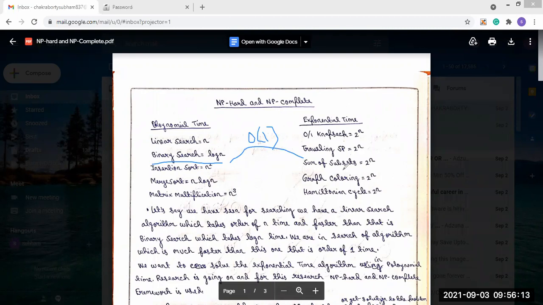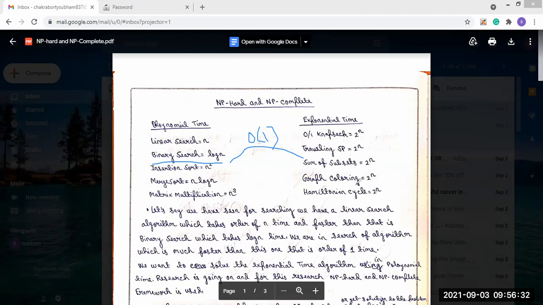Now, if we want to solve each and every exponential time algorithm in polynomial time, it will take much more time.